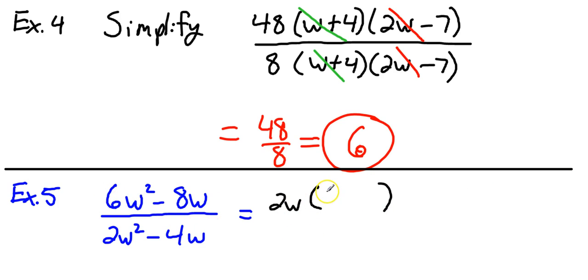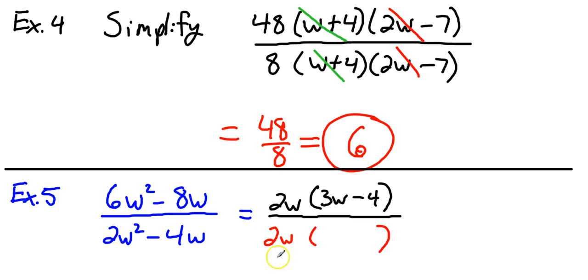So 6 divided by 2 is 3. We take out one of the W's, there's 1 left over. 8 divided by 2 is 4. We took out the W that was there, so it's just 3W minus 4. And then the bottom part, same thing. They're both even. They both have a W, so take out a 2 and a W. And then tell me what you got left over.